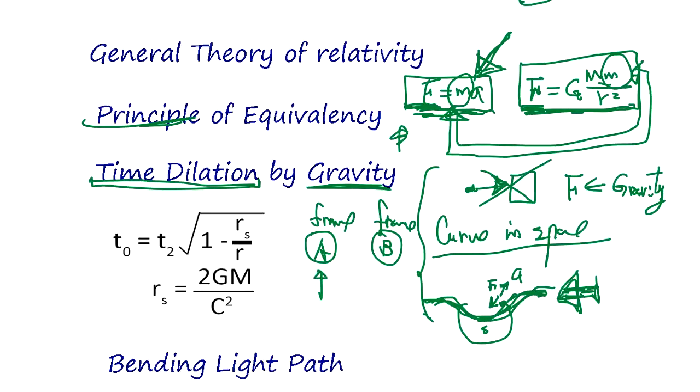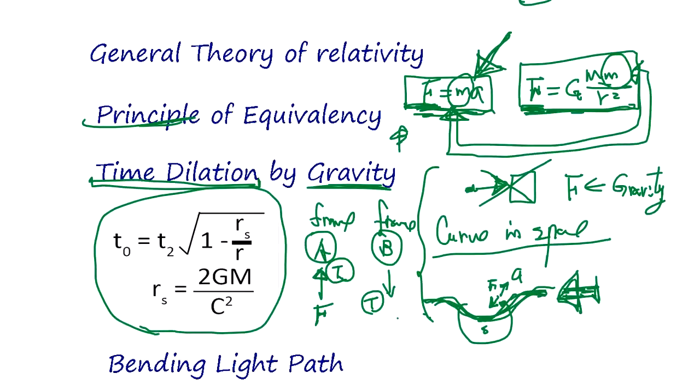If frame A is getting some force, gravity or any kind of force, then time ticks at a different speed, and a different force also makes time tick at a different speed. So time dilation is calculated, and this is the equation for gravity causing time dilation, and this is often used for something like a black hole.